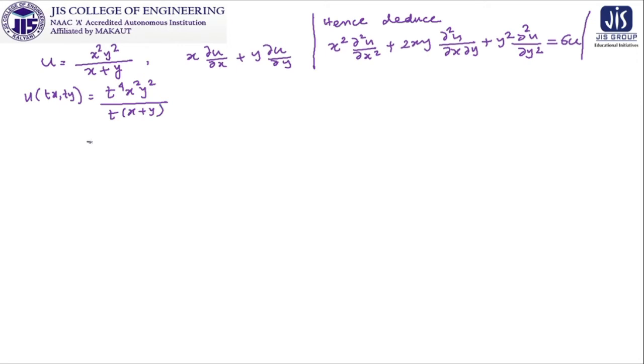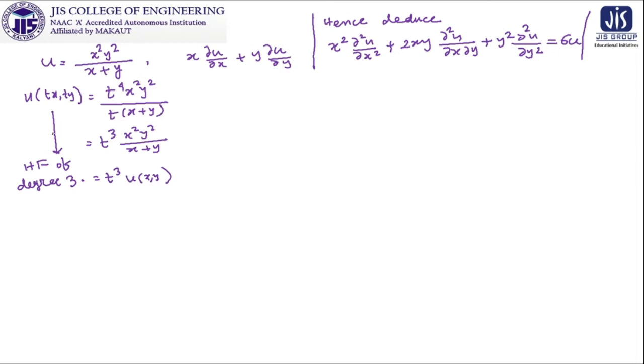So you can write it in the next line, that is t cubed x square y square by x plus y. So in the next line we can write it as t cube u of x, y. So we can conclude that this is a homogeneous function of degree 3. There is no confusion on that.